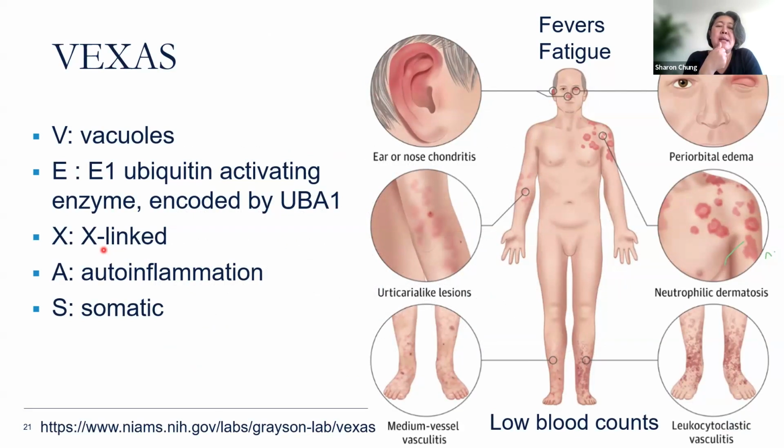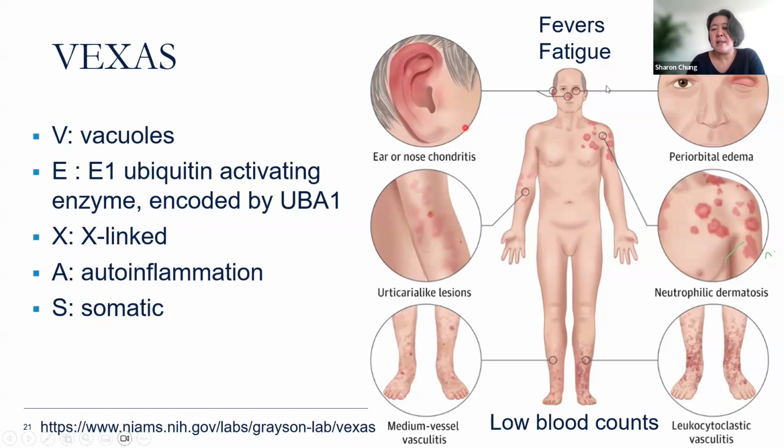It's due to mutations in this ubiquitin activating enzyme called UBA1, which is located on the X chromosome. If you have mutations in UBA1, you have autoinflammation. Your body produces inflammation inappropriately, independent of known triggers. And this process occurs by somatic mutations. So I'll get into that in a minute.